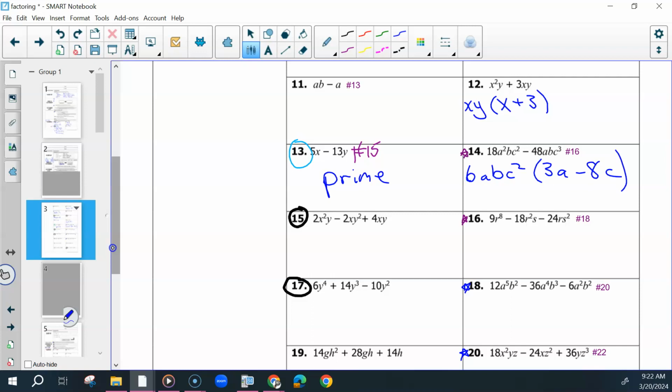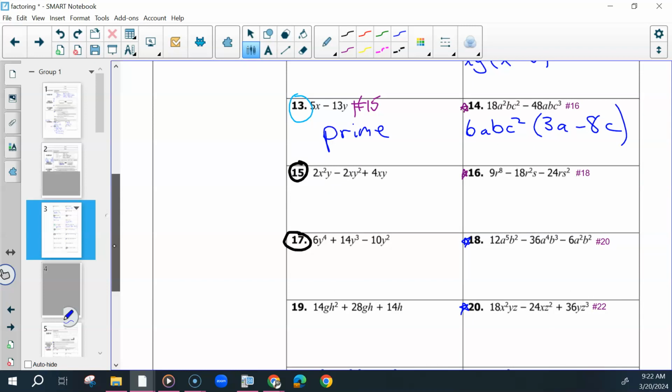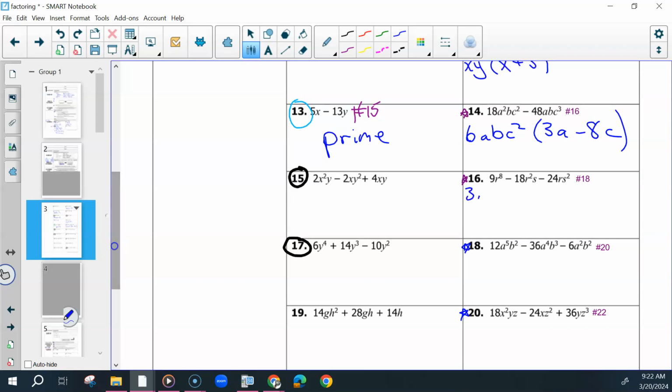There's one R. What about S's? Do they each have an S? No. So that was a trick question. So you can't use S because they each don't have an S. But 3R would work. Divide each piece by 3R. What's left?